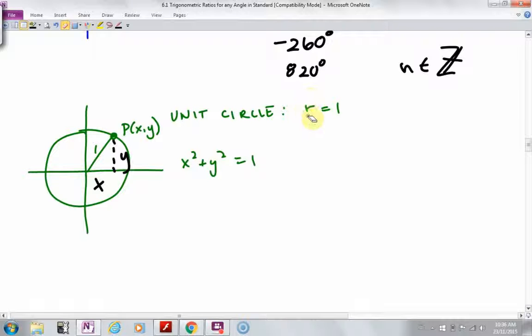Why that is nice is when the radius is 1, then when we say sine is y over r, then really sine is just y. And when we say cosine is x over r, then cosine is just x because r is 1, and dividing by 1 doesn't change anything. If x and y are the two coordinates here, then x squared plus y squared will always equal the radius squared, which in this case is 1 squared, or 1, on a unit circle.